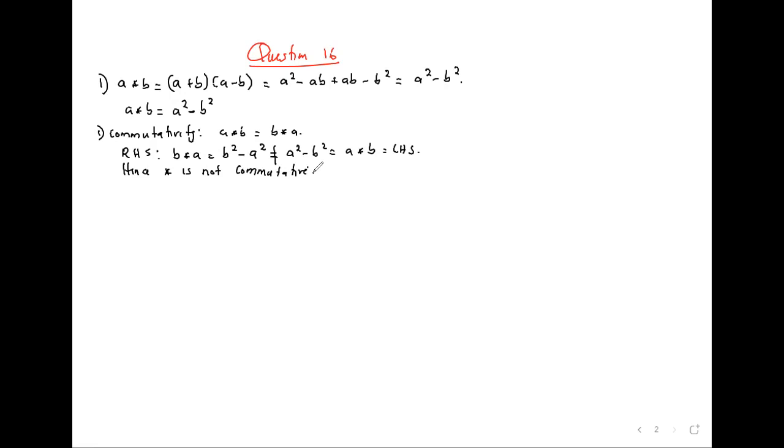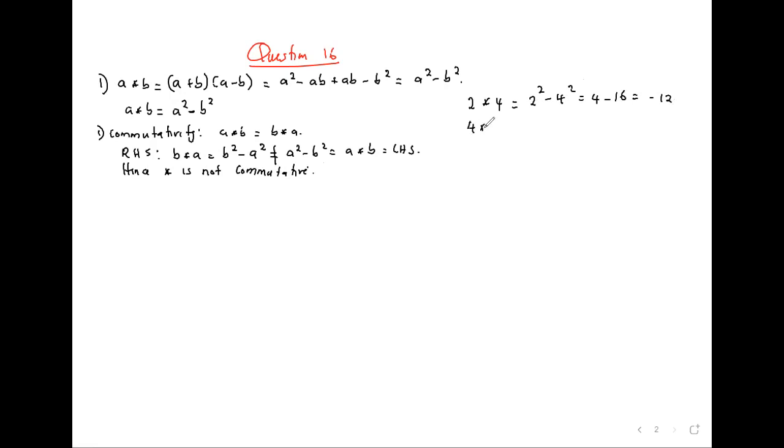Subtraction, when you see subtraction, the first thing to think about is that it's not commutative. Because if I have 2 star 4, this will be 2 squared minus 4 squared. This is 4 minus 16, which is negative 12.